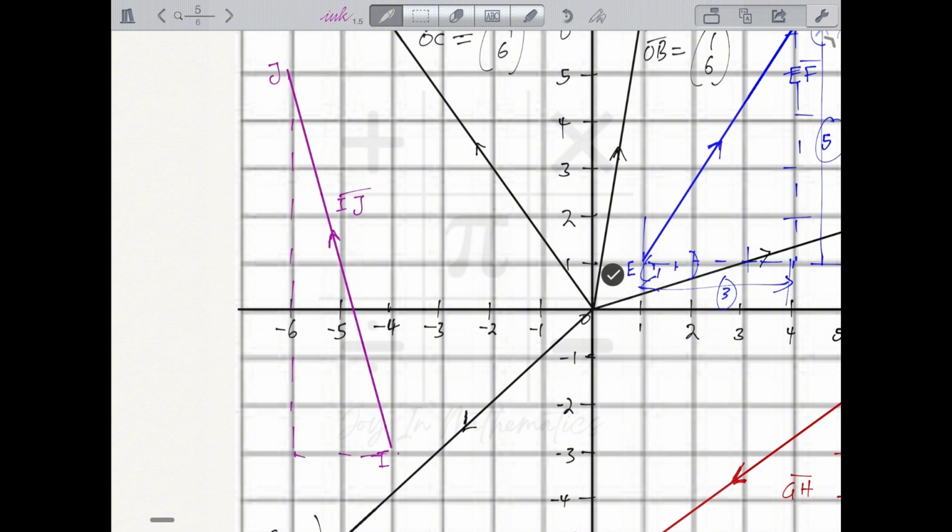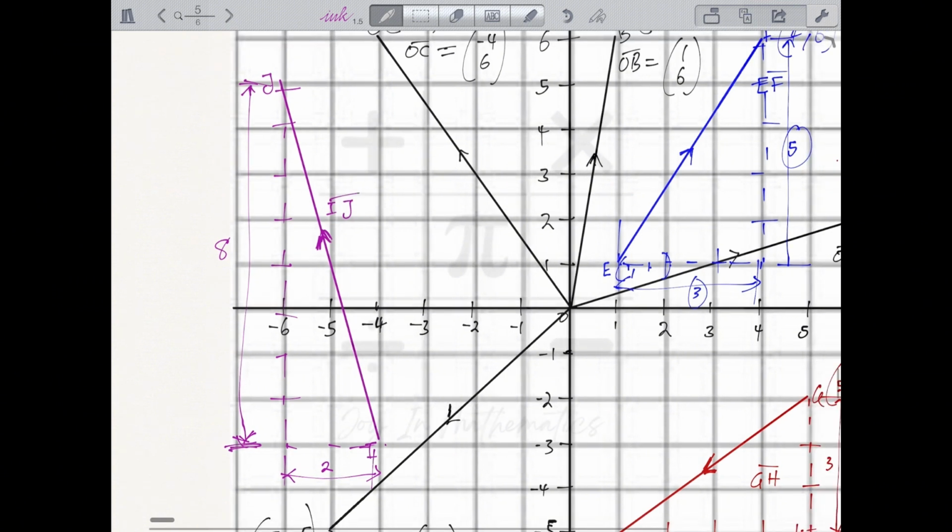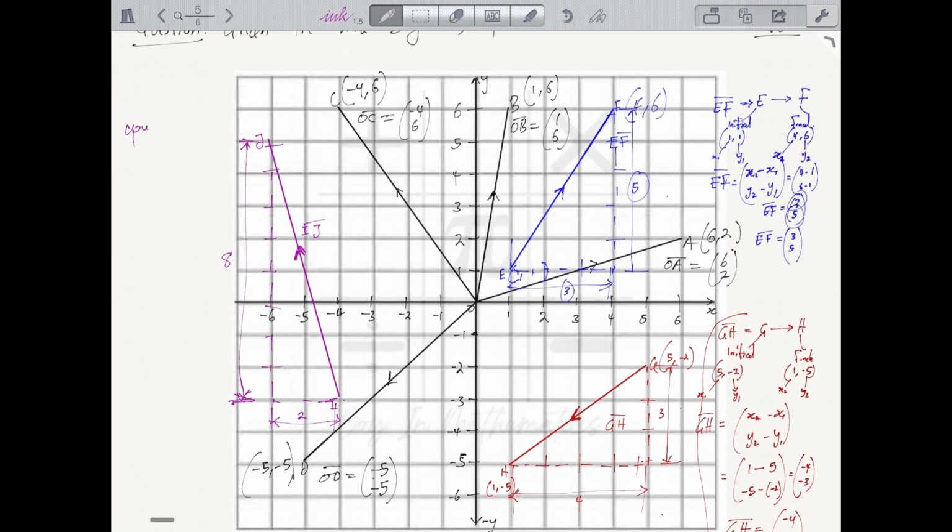Here it has covered a magnitude of 2, and from here to here it has covered a magnitude of 8. Now it is going upwards. If the arrow is upward, it is positive. If the arrow is downwards, it is negative.